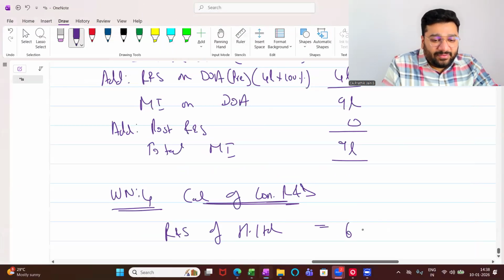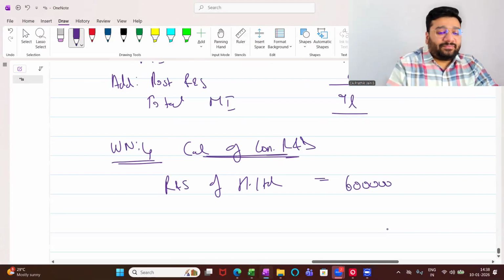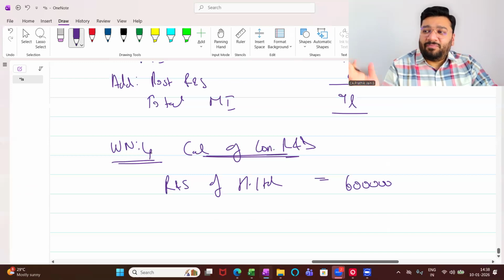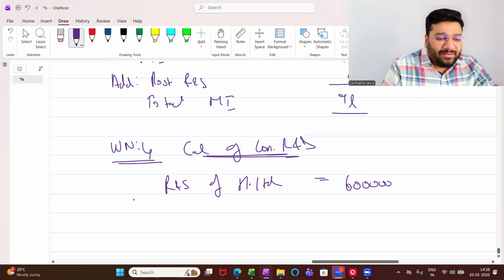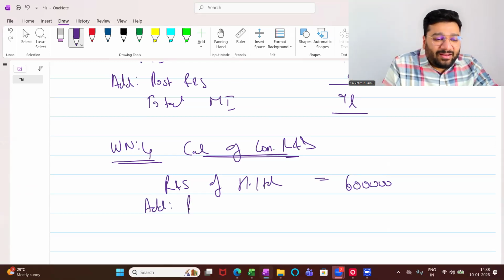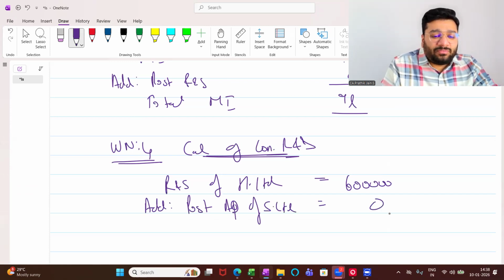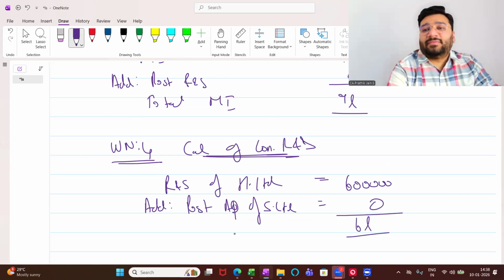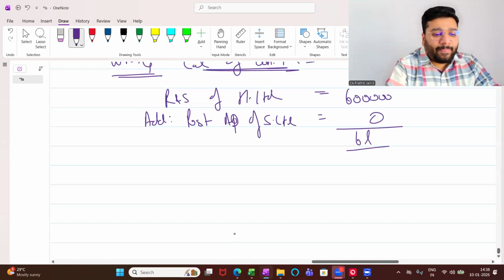Post-acquisition profit of subsidiary limited, 0. 6 lakh is the reserve and surplus. No problem. Okay, balance sheet.